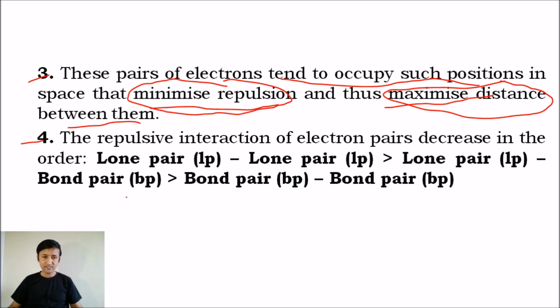The repulsive interactions, in decreasing order, are lone pair-lone pair more than lone pair-bond pair, more than bond pair-bond pair. Right, this is regarding a few postulates of VSEPR theory.